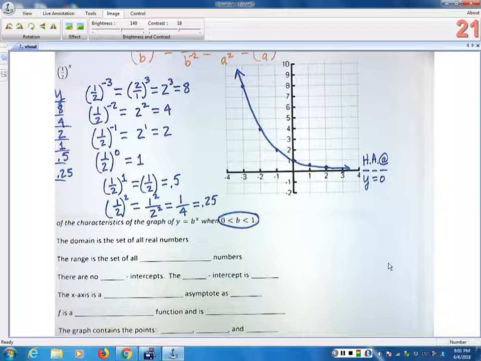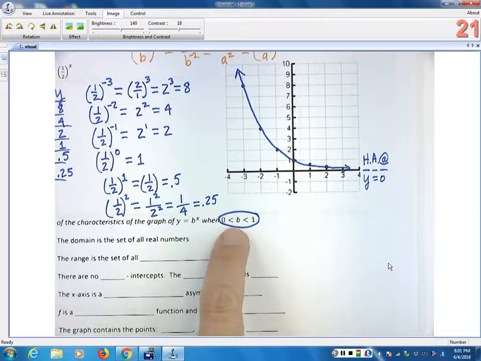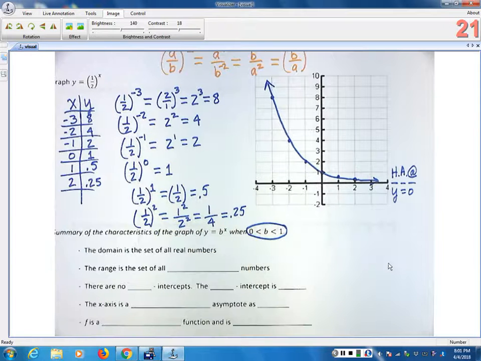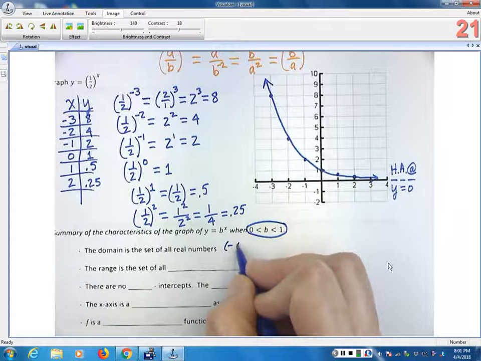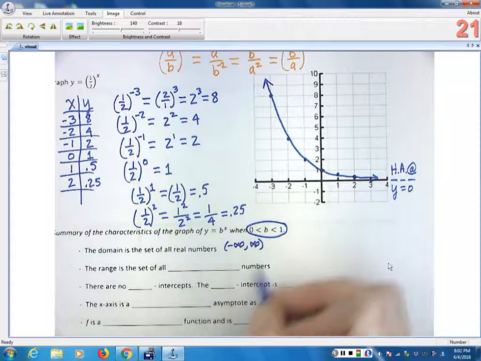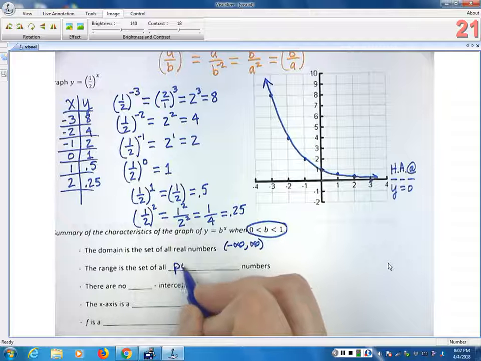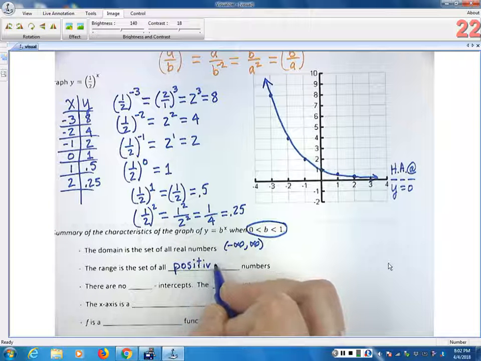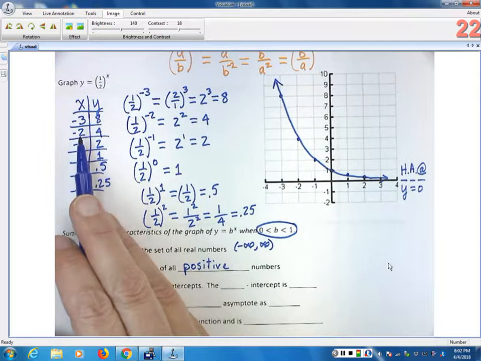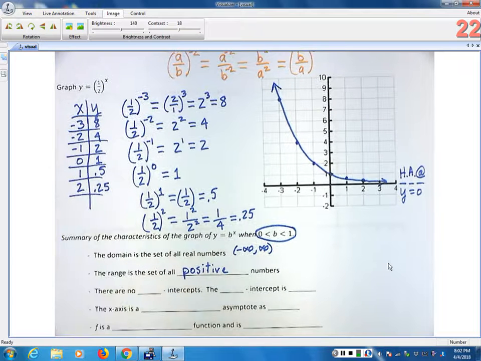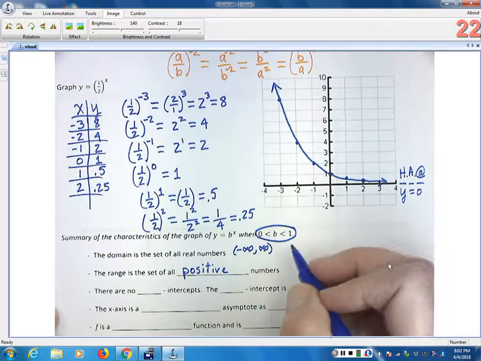Okay, so if you look at this graph, this is typical of graphs where the base is between 0 and 1. Here the base was 1/2. So the domain is still the set of all real numbers, minus infinity to infinity. The range is still the set of all positive numbers. Again, no matter what you put in here, if you put in -100, you're still going to not get 0.